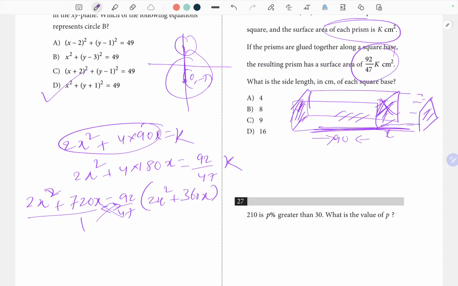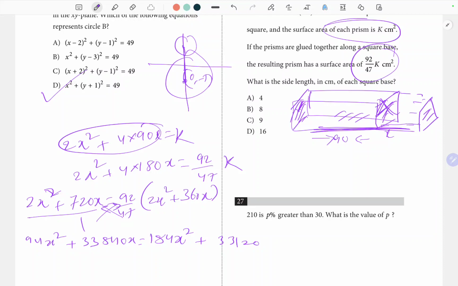Okay, now 2 times 47, which is 94x square, then 720 times 47, which is a very big value, 33840x, and here I got 92 times 2, that is 184x square, and then 360 times 92, which is 33120.